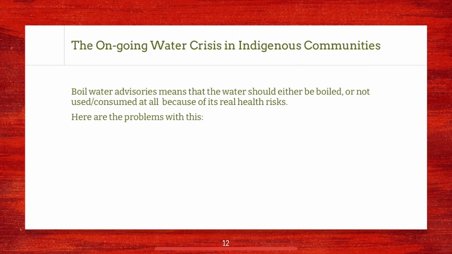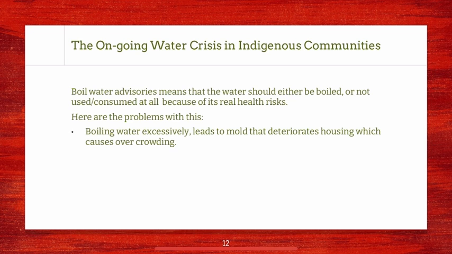Now I am going to talk about some of the problems with the ongoing water crisis in Indigenous communities. Boil water advisories mean that the water should either be boiled or not used or consumed at all because of its real health risks. Here are the problems with this. Number 1. Boiling water excessively leads to mold that deteriorates housing, which causes overcrowding.